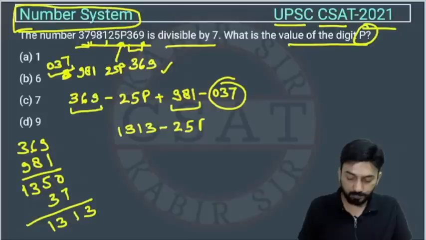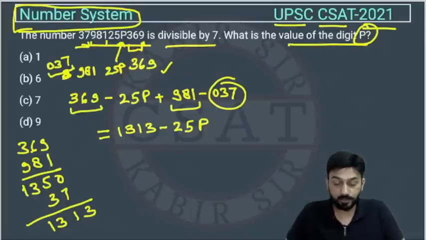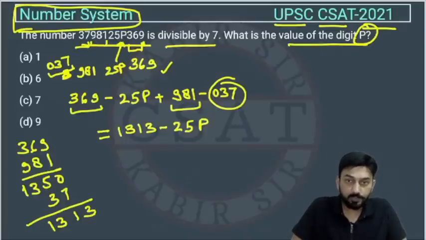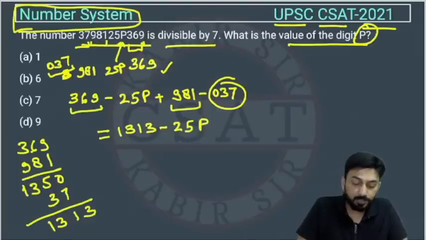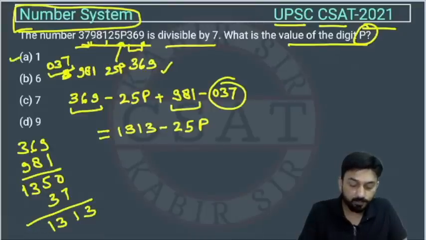Now the question says this number is divisible by 7, so the number we get here should be divisible by 7. The best way is to take the value of P from the options and check whether this number is divisible by 7. First, assume P as 1.